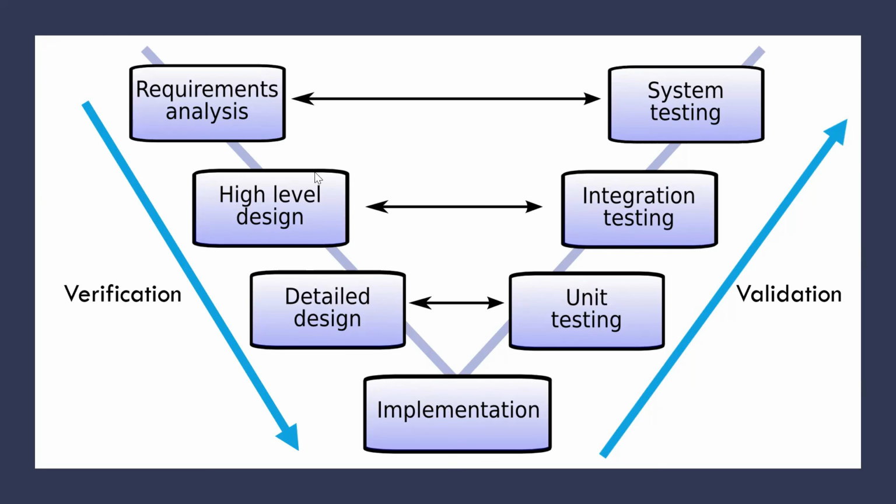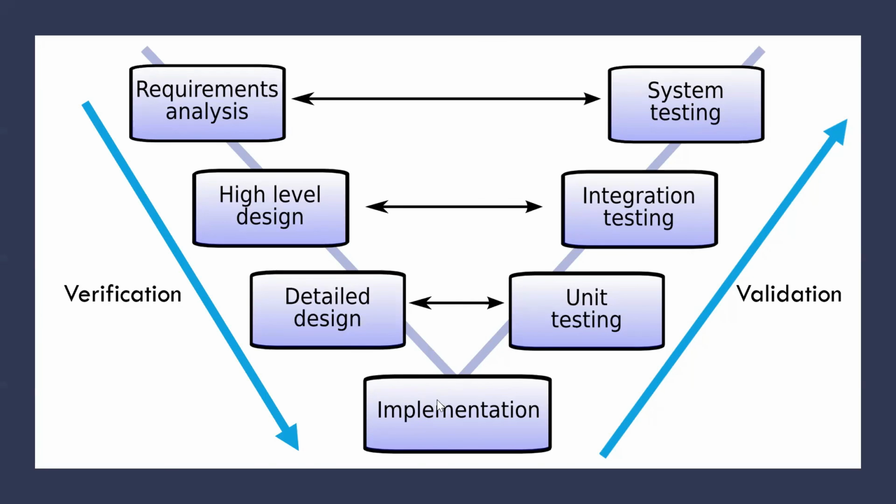So in order to validate it, we used to do integration testing. And what do we get in requirement analysis? BRD. So in order to validate that, it's an entire system testing. So system testing. For each verification phase, we have a validation phase, so that we don't mess up with the point that the software is already developed and now we start with testing.